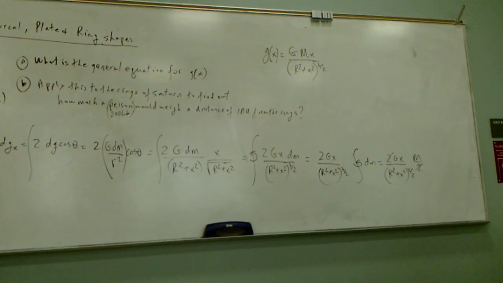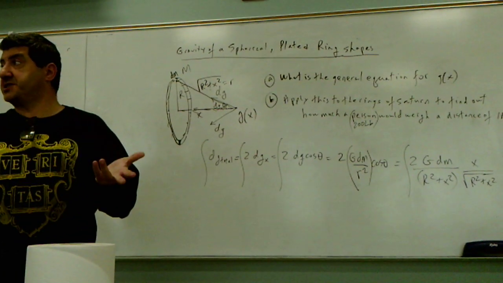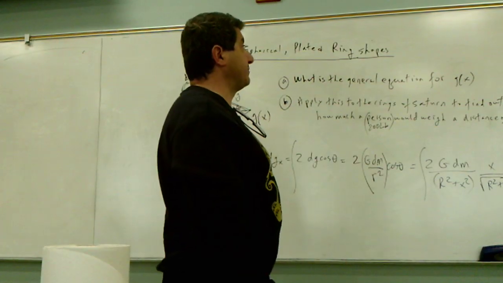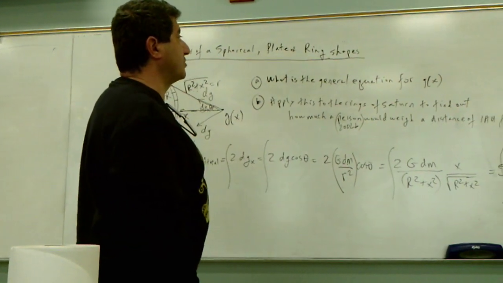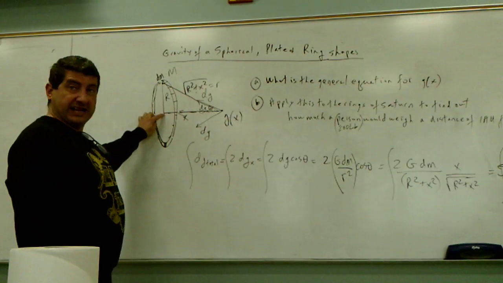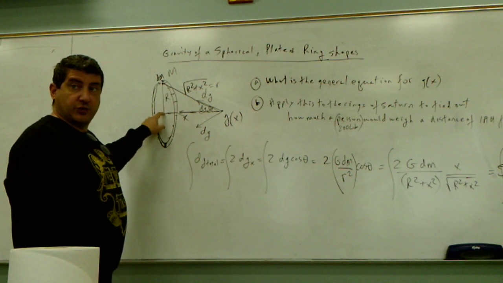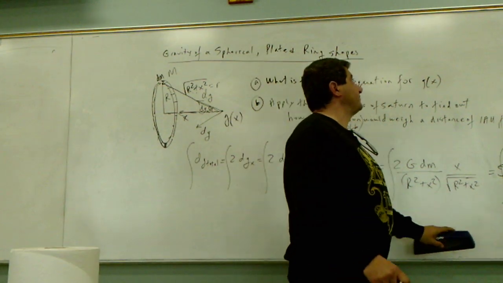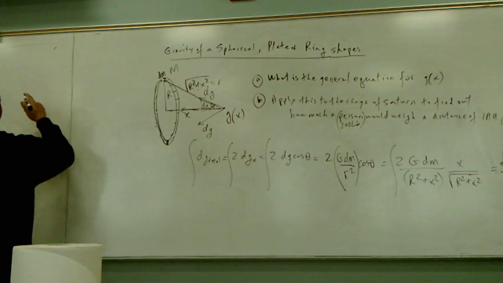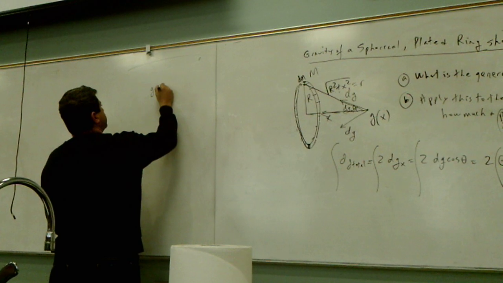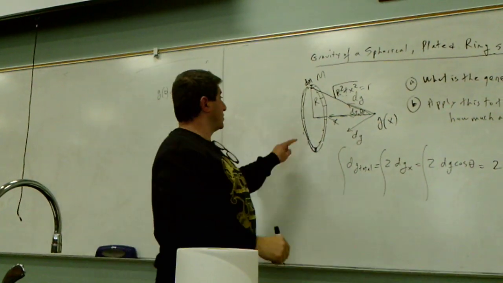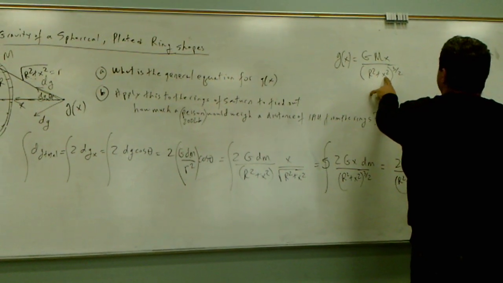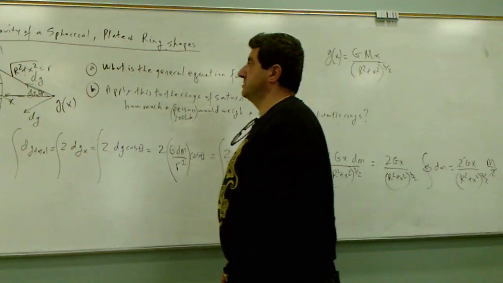Now when I get a general equation like that, sometimes there are certain things I can do to see if the answer makes sense. For example, I can find out what the gravity would be right at the center and see if what answer I get makes sense, right? So the limit, g of 0, is going to be what? Well, if I'm right at the center, that means x is 0, so that means it's just going to be 0, right?